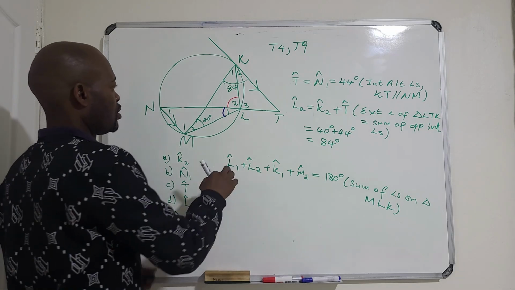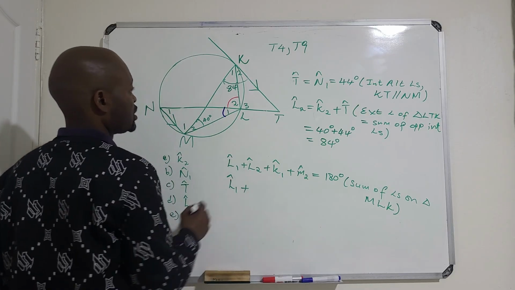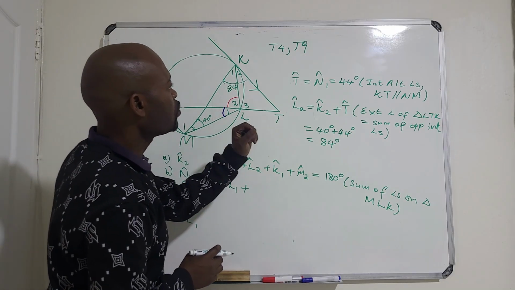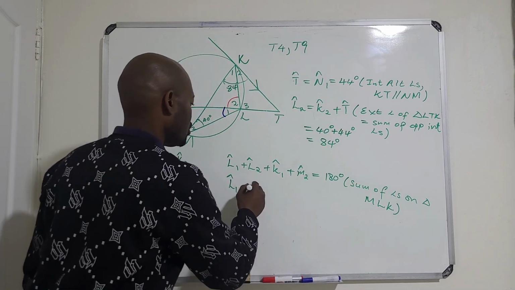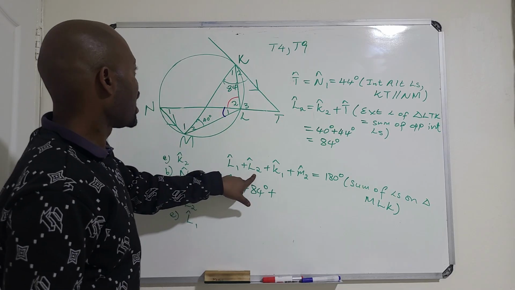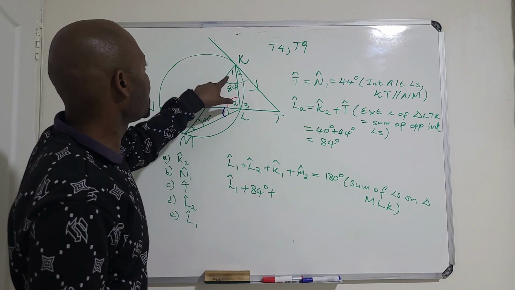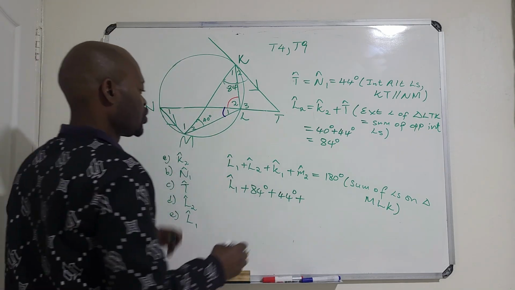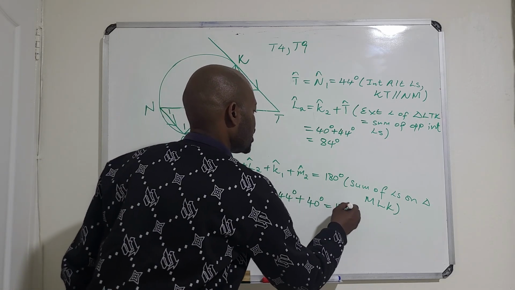Now, we are looking for L1 plus our L2. We have found our L2 to be 84. K1 is 44 degrees, plus M2, which is 40 degrees, which is equal to 180 degrees.